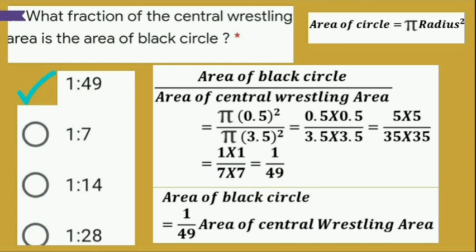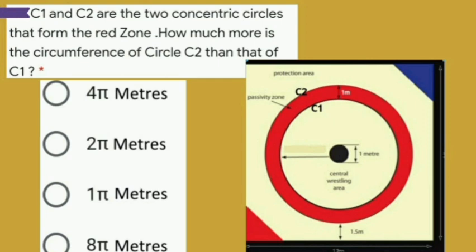So let's move on to the next one. The next question related to the wrestling mat is when we are supposed to talk not only about the areas that we have been talking about, but now the circumferences. C1 and C2 are two concentric circles that form the red zone. How much more is the circumference of circle C2 than that of C1?